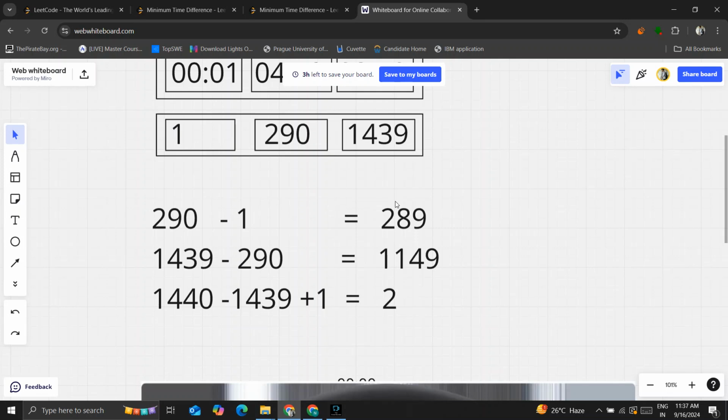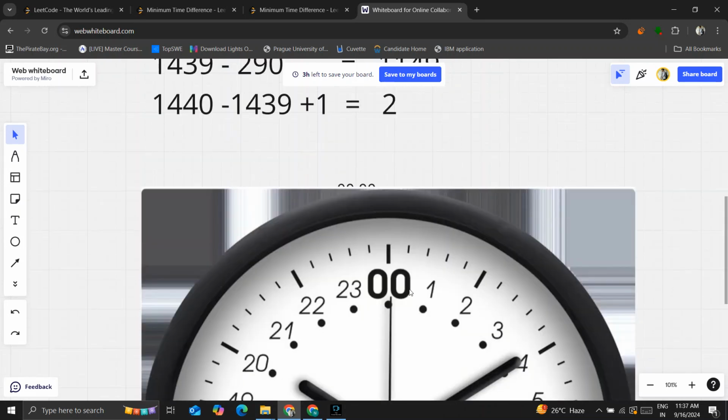See, these are in the minute format. If you look at this particular clock, the 0th hour and 1 minute would be at this point, and 23 hours and 59 minutes would be at this particular point. So what would be the minimum difference between these two values?